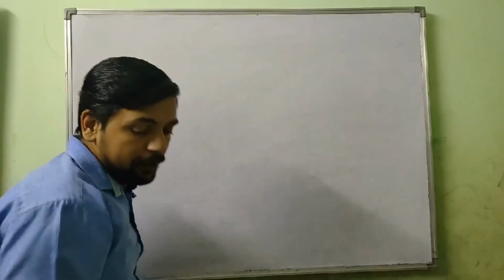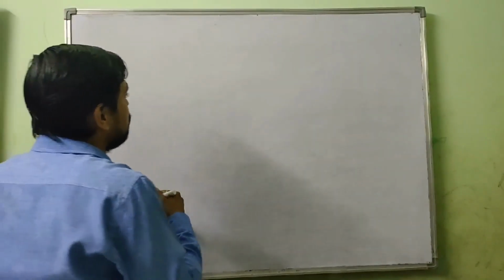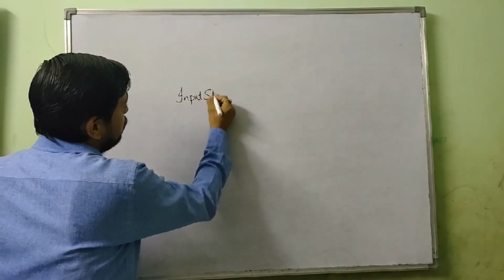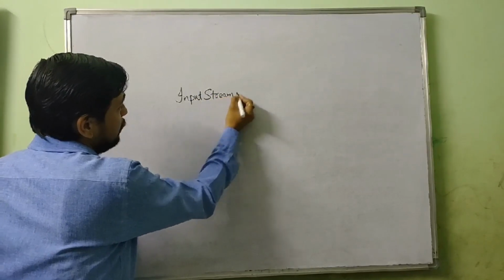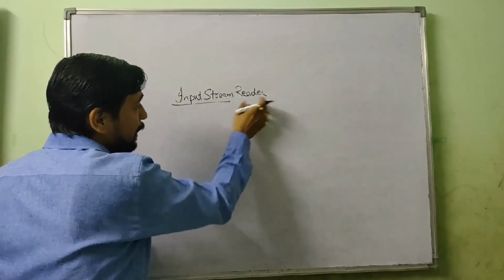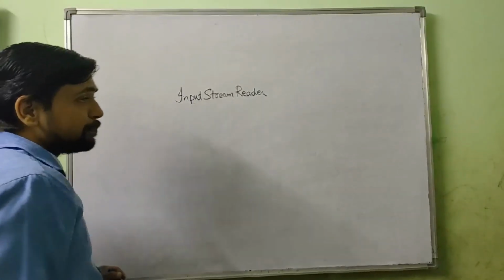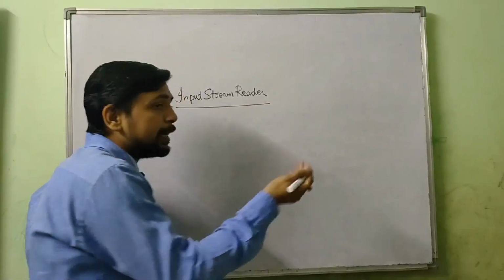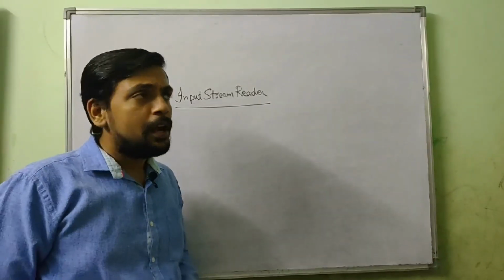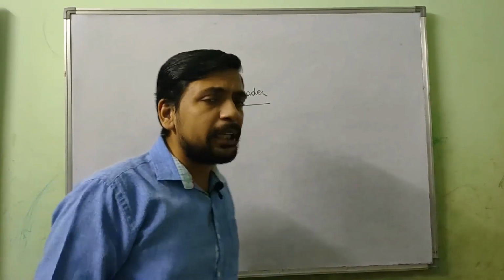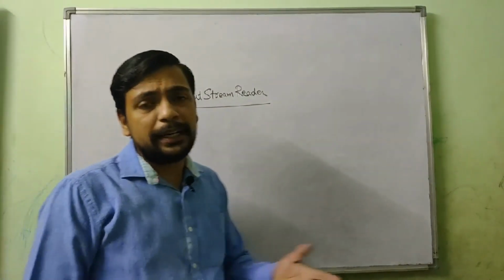Right now we have heard about the InputStream class, but I am going to tell you about the InputStreamReader class. InputStreamReader, that means a class which reads the input stream, right? Now this class can be used to take a character from the user, but we are able to take the character from the user with System.in. What is the need of another class to do that?